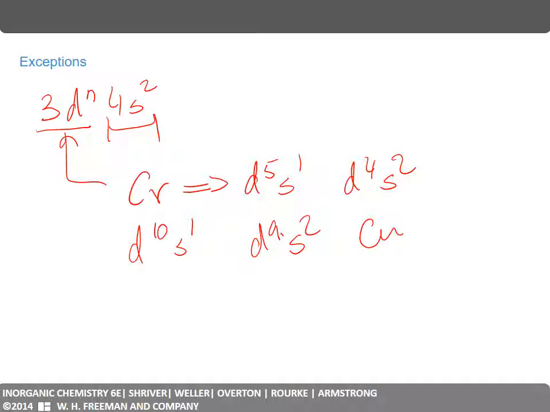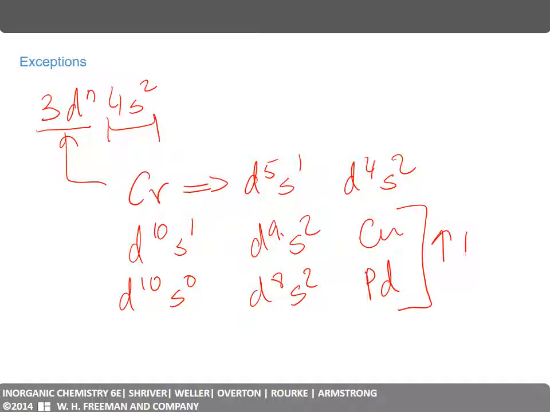Or we will have d10s0 rather than d8s2 for palladium. Now, why is this? Well, because as we talked about the spins, we have pairs of parallel spins, right? So it is more advantageous to reduce these repulsive forces with parallel spins than to fill a lower energy orbital.